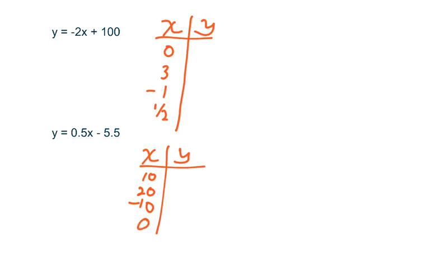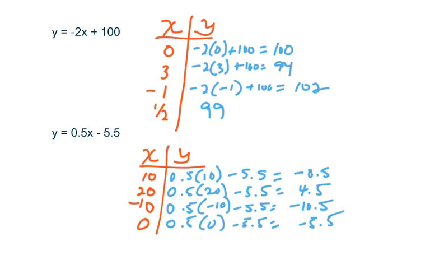Go ahead and pause the video, find all of the y values, and then check your answers. And here are the solutions. I've shown all the work here, but keep in mind that you could simply just write the answers in the table.